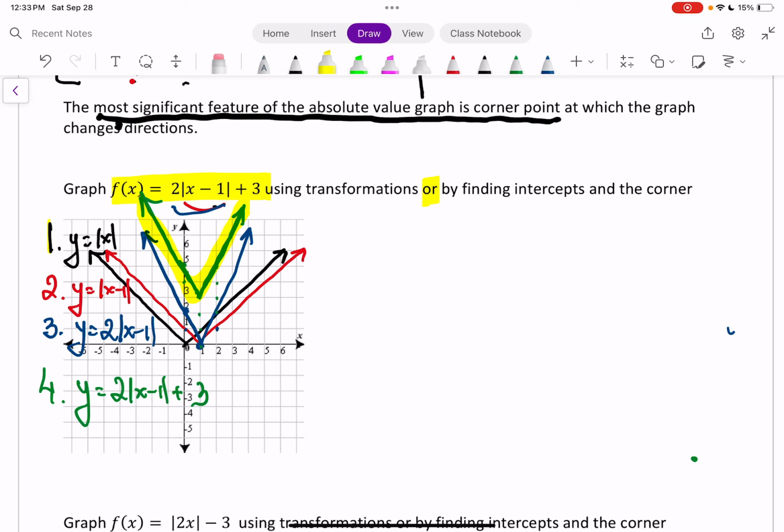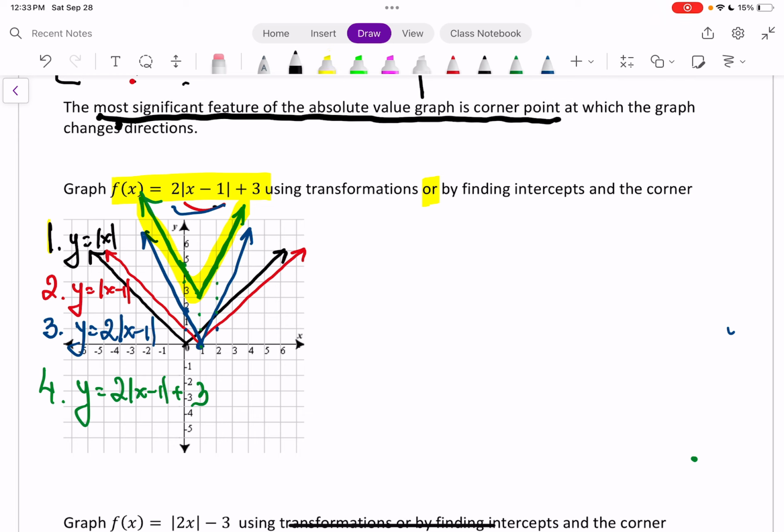So we have the 3 transformations. Again, x minus 1 in the absolute value made the graph shift 1 unit to the right. Then multiplying that graph by 2 simply made the y values multiply by 2, so the graph vertically stretches by a factor of 2. And finally, the plus 3 makes the graph shift up 3 units. So this is the final graph we have.